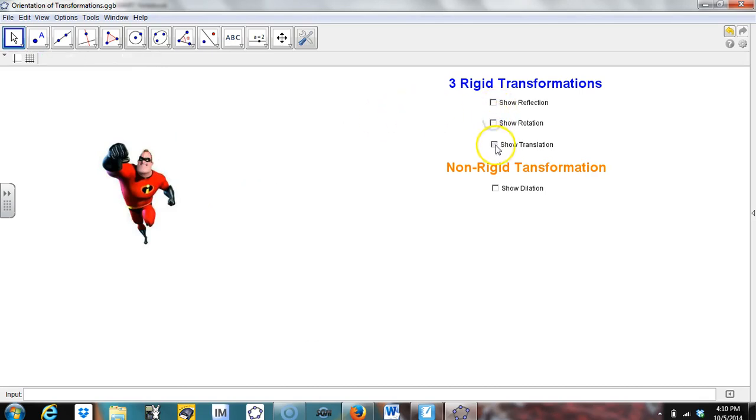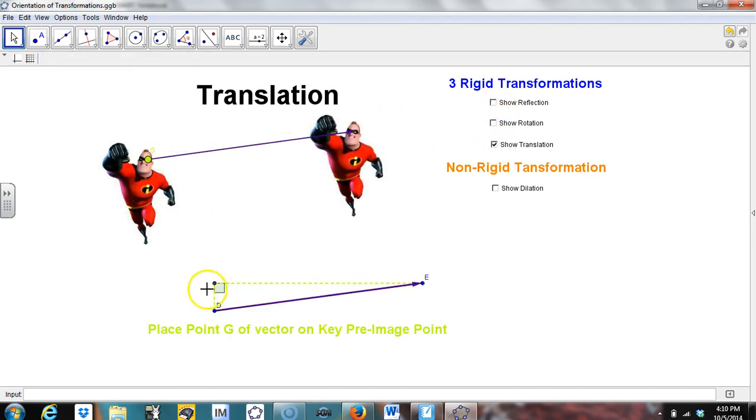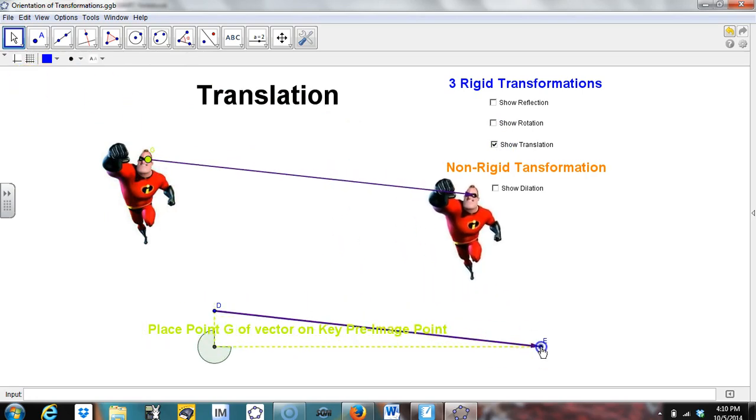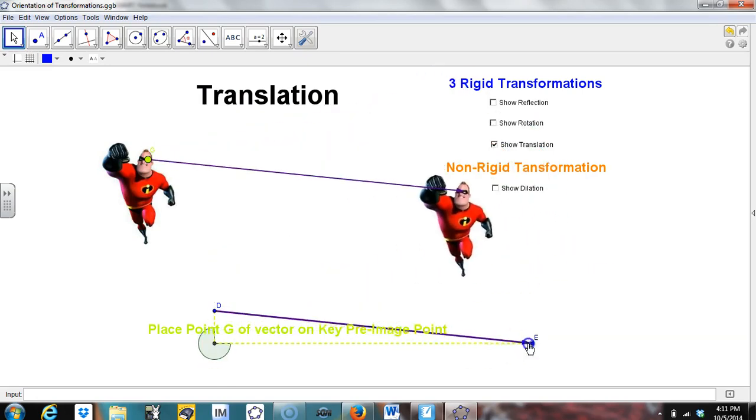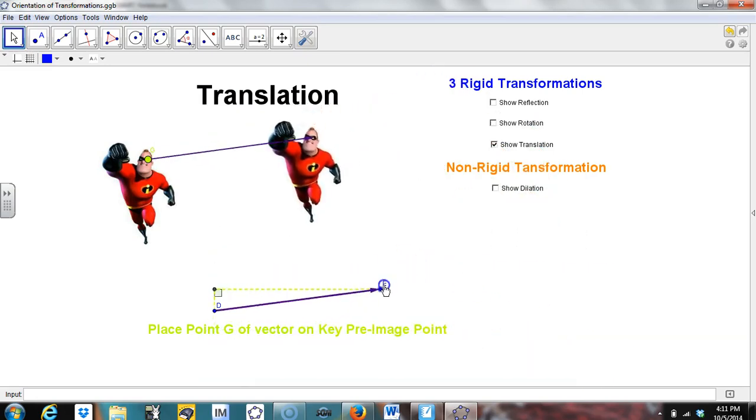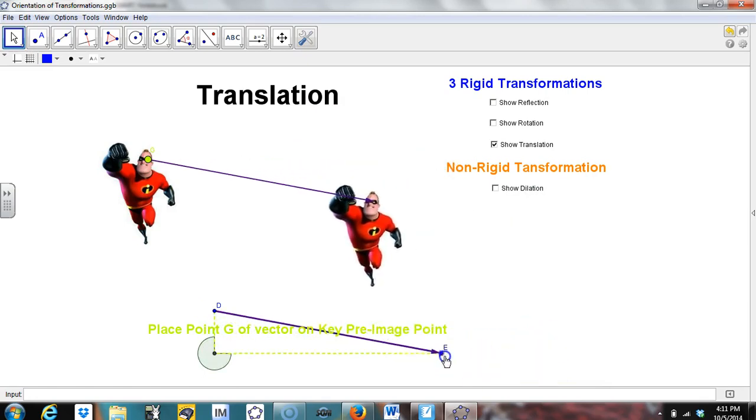Or if we translate, there's some vector that translates. If I change the vector, I change the translation, the explanation of how an object shifts vertically and horizontally.